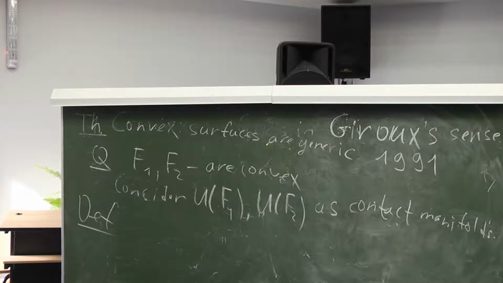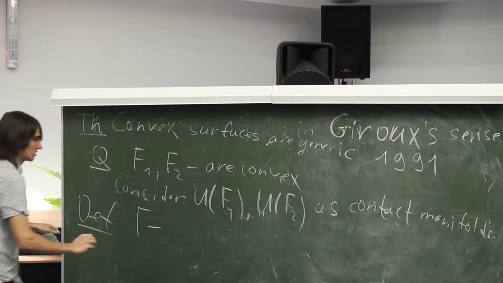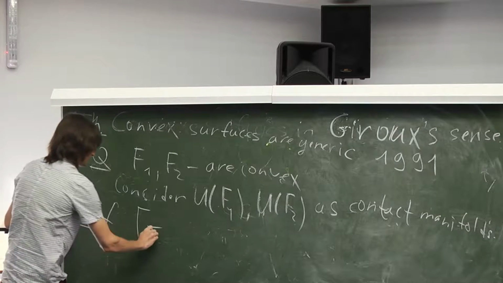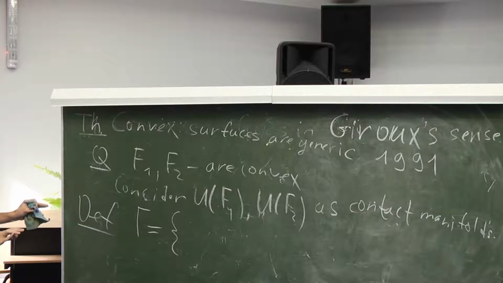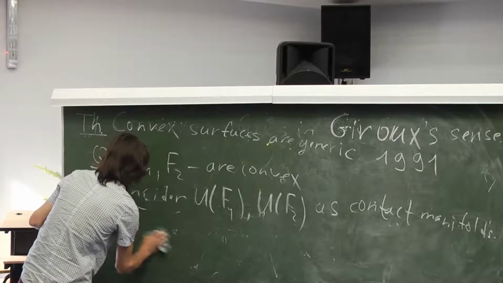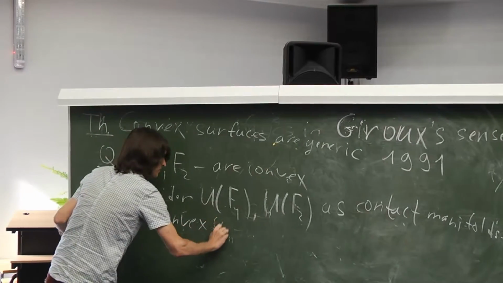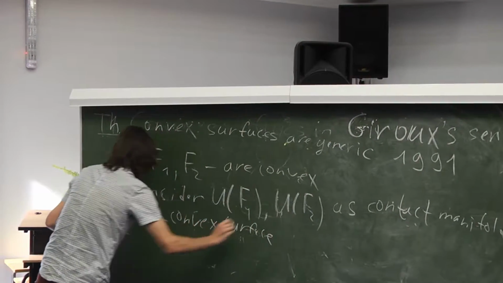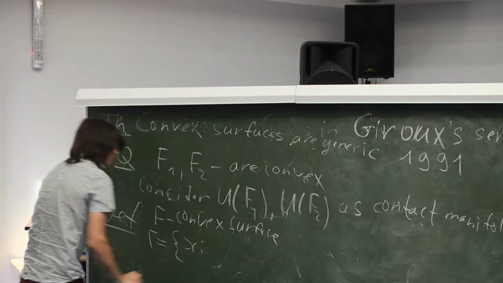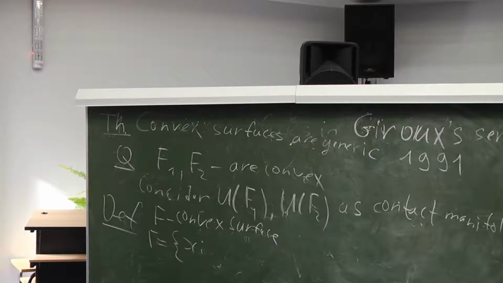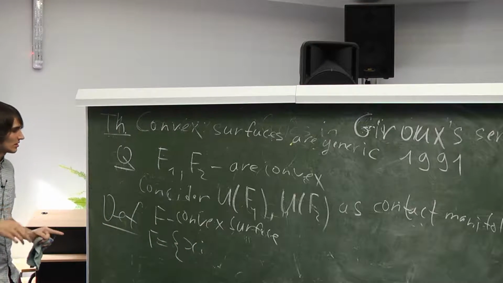One more definition. Gamma, the set on the surface. Let F be a convex surface, let gamma be the set of points where contact vector field lies in the contact plane.